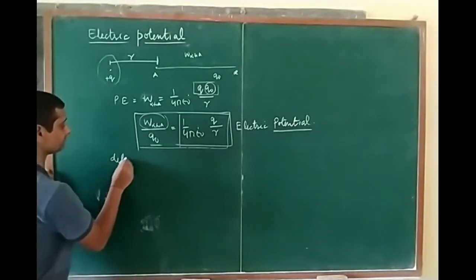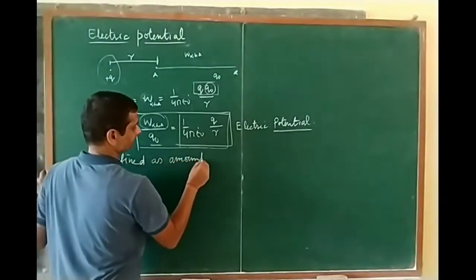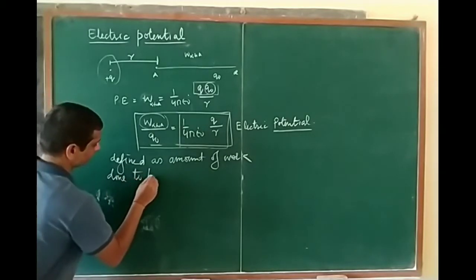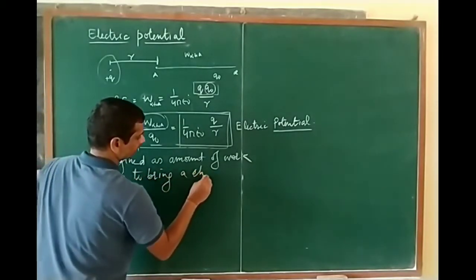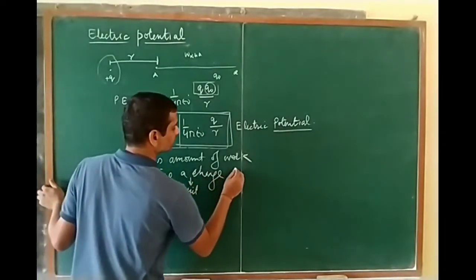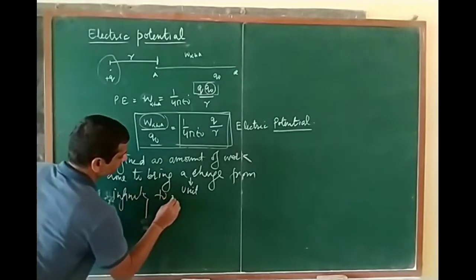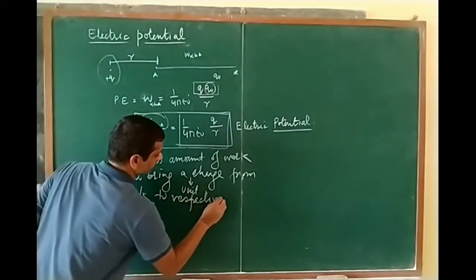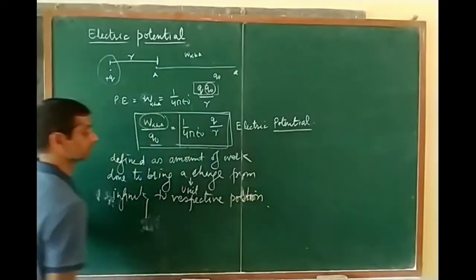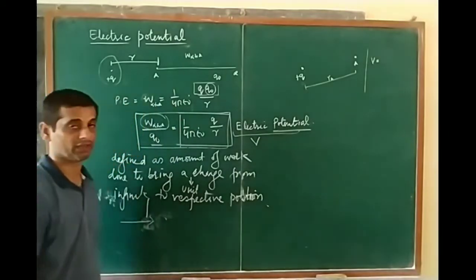So this is your electric potential. Electric potential is generally represented by capital V.